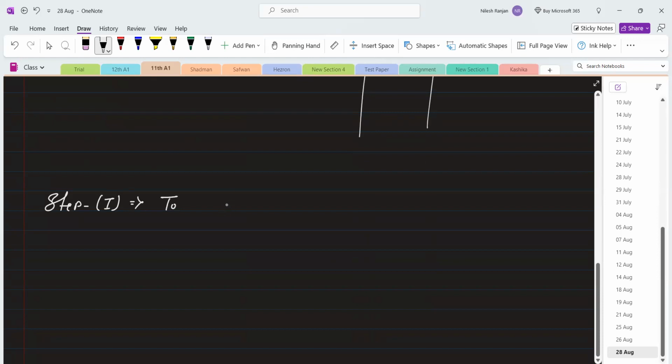Step 1: prepare cash book to find adjusted balance.